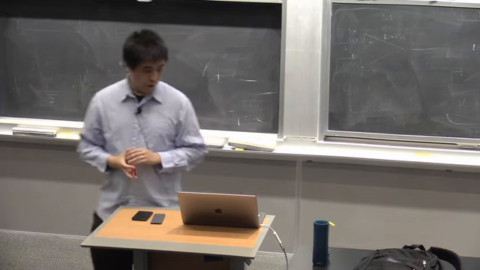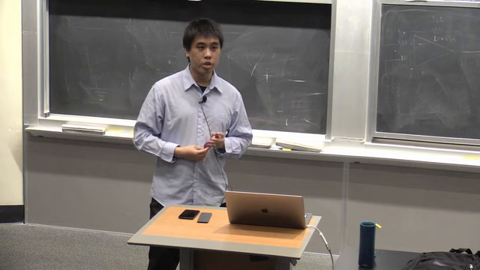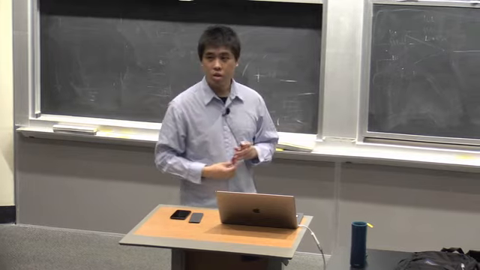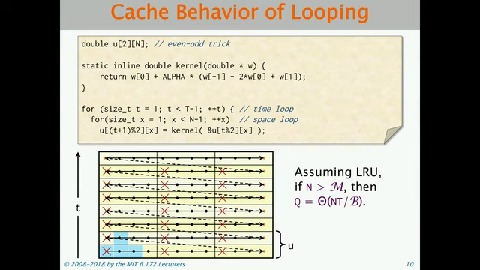So how many cache misses do I have to incur for each row of this 2D space that I'm computing? Right, so I need n over b cache misses for each row. This is because I can load in b bytes at a time, so I benefit from spatial locality there.